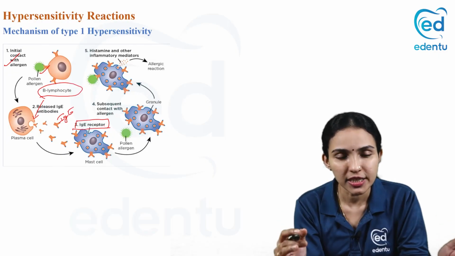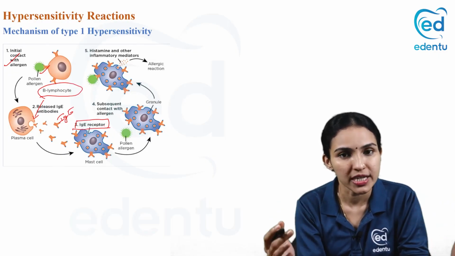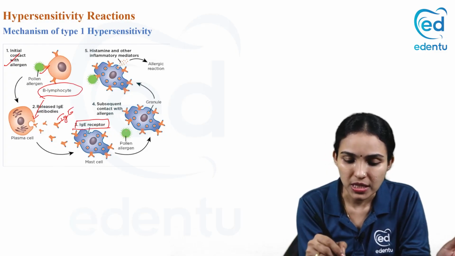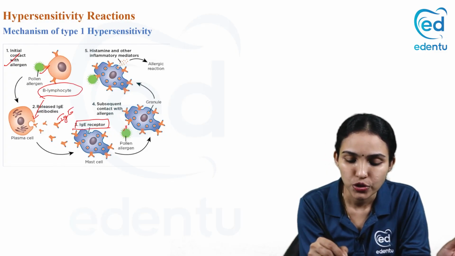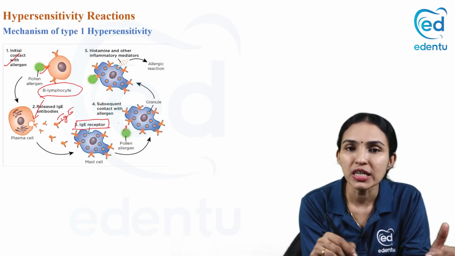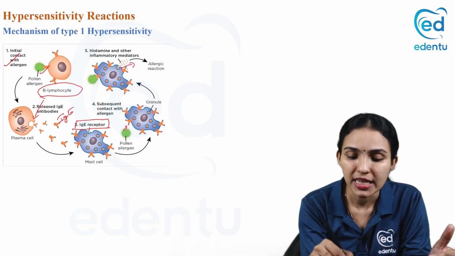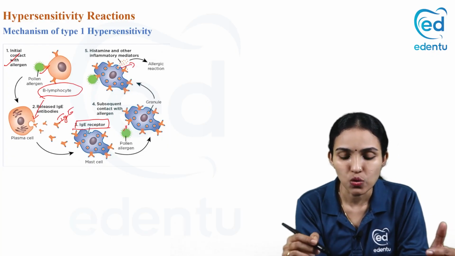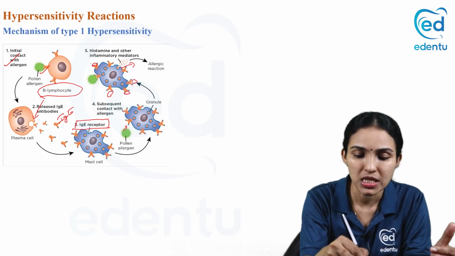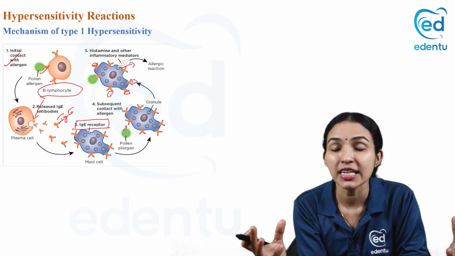During the second time, when the same host who is already sensitized gets exposed to the same allergen, this allergen will bind to these IgE molecules on the surface of the mast cells, which will lead to cross-linking and degranulation of the mast cells. There will be sudden degranulation.